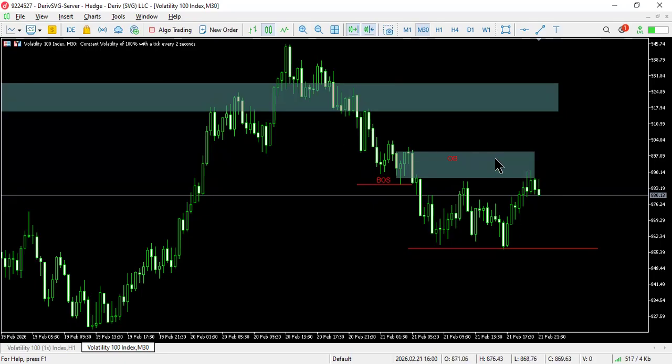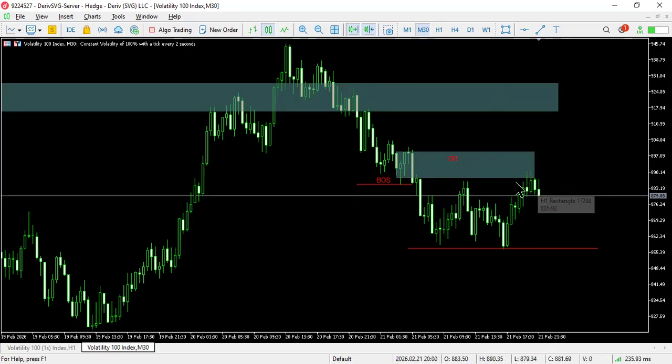So for this one, it's gonna be an instant execution. As you can see, price has just broken structure, cleared liquidity, went back in to retest, and formed a tweezer top, which is a reversal candlestick to indicate sellers are ready to push the price down. So you can go ahead and enter. This is an instant execution.